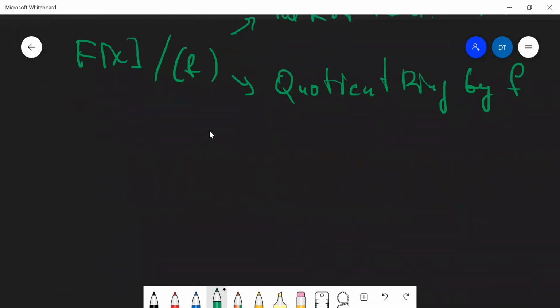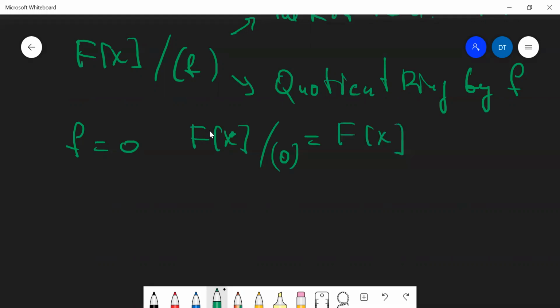There is one special case. If f is 0, then we will define this to be just the ring of usual polynomials. And now I want to define this ring of remainders in case of a non-zero polynomial f.